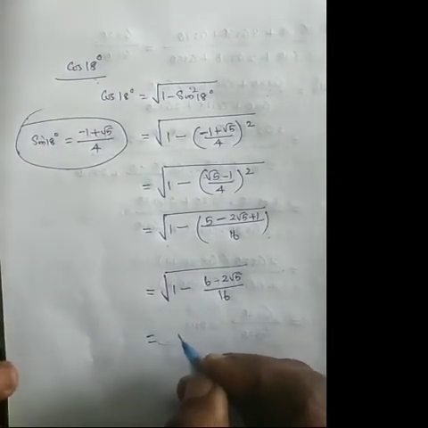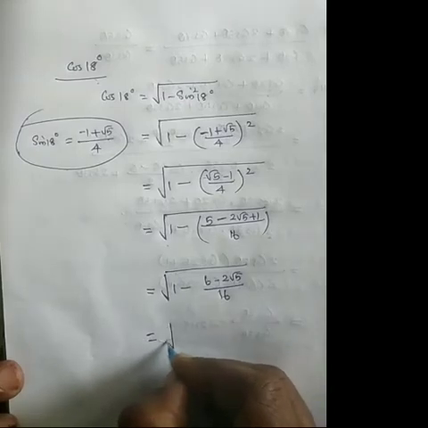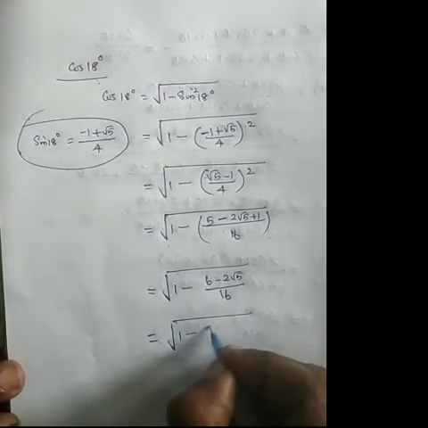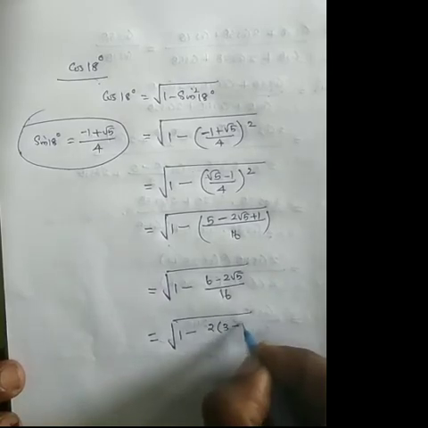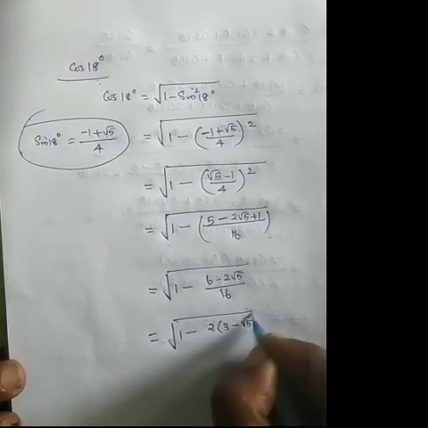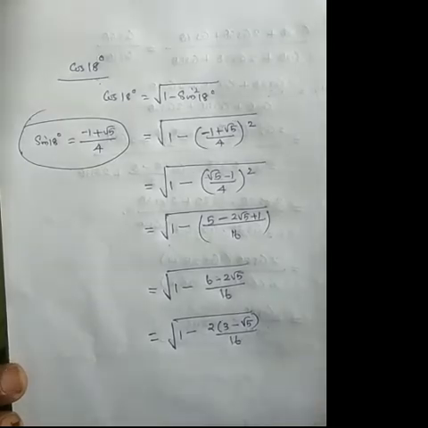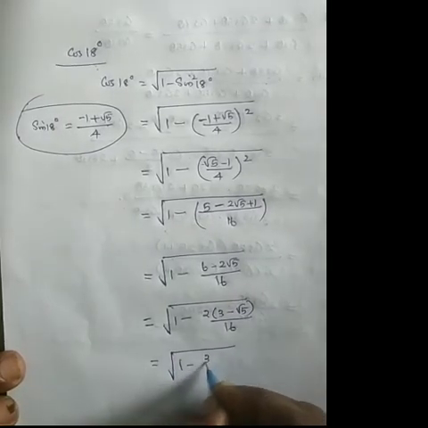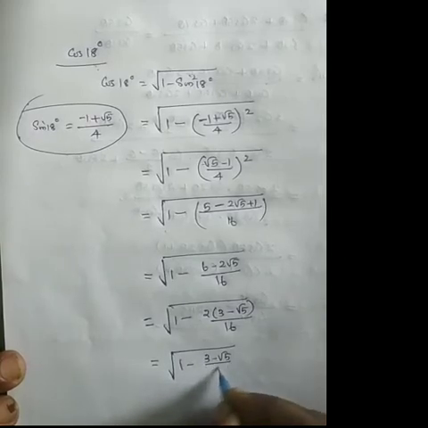Which is equal to square root of 1 minus 2 into 3 minus root 5 by 16, equal to square root of 1 minus 3 minus root 5 by 8.